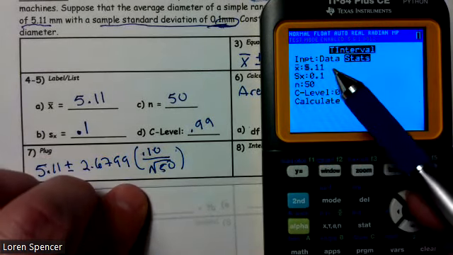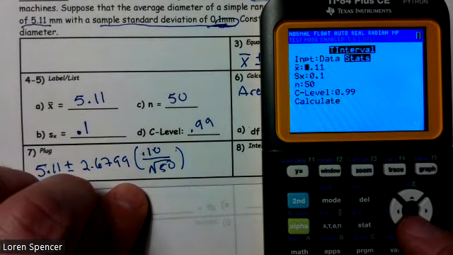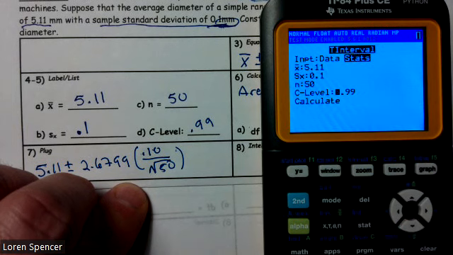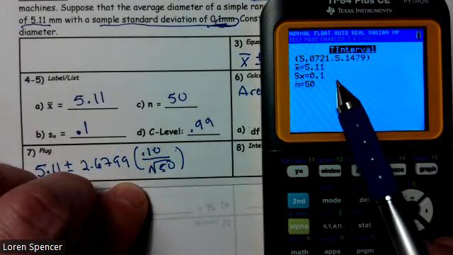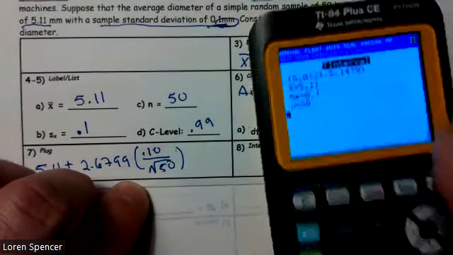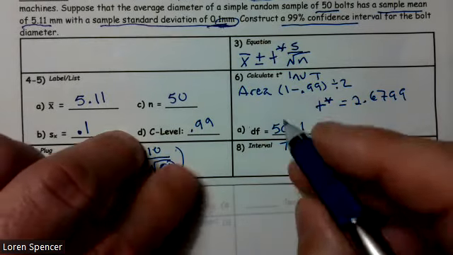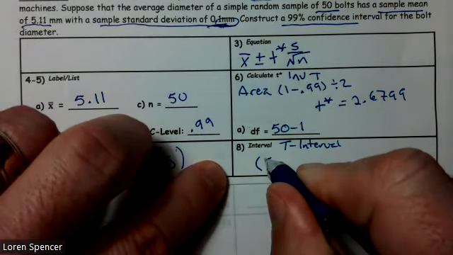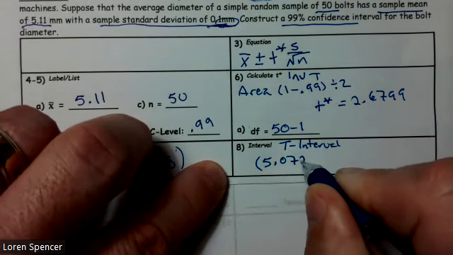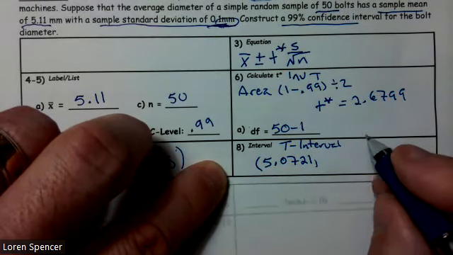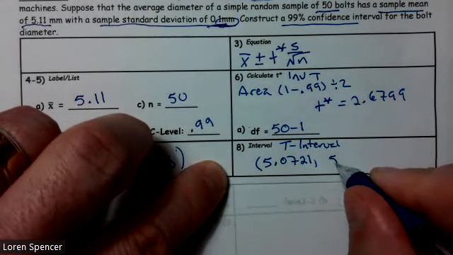We need to type in our sample mean of 5.11, our sample standard deviation of 0.1, our sample size of 50, and our confidence level of 0.99. And when we do that, we end up getting an interval of 5.0721 and 5.1479.